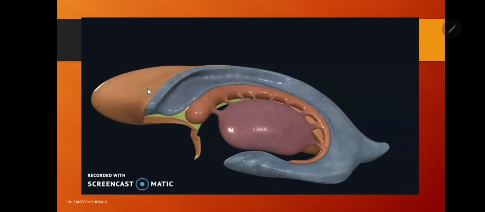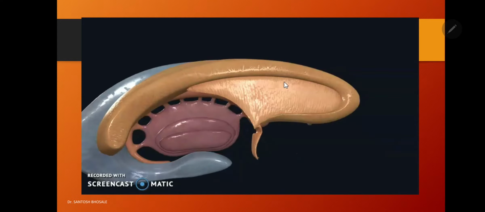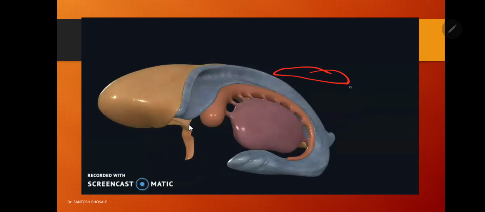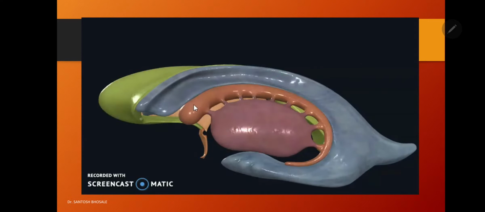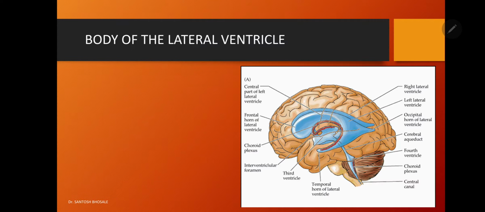I told you the two lateral ventricles are separated by the septum pellucidum. So you can see the relations here again. The roof is formed by the body, the anterior wall by the genu, the floor by the rostrum and also the head of the caudate nucleus. So that is about the relations of the anterior horn.